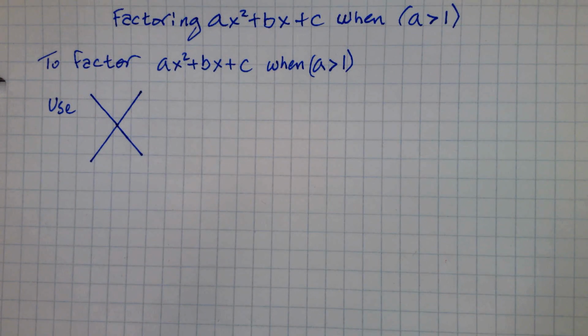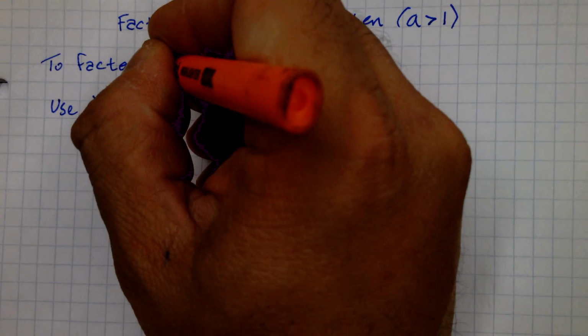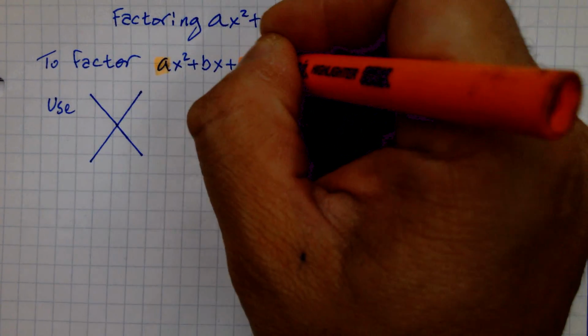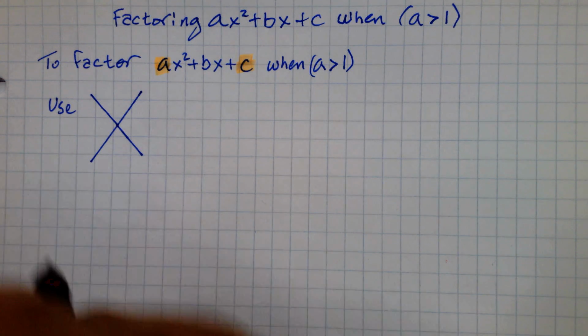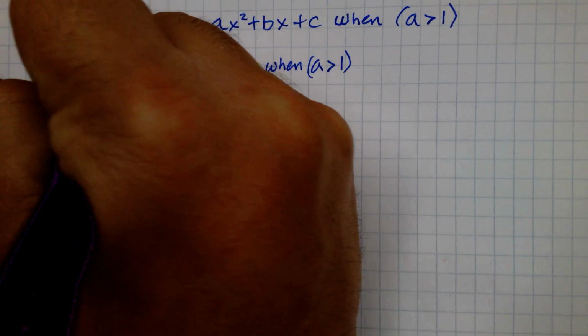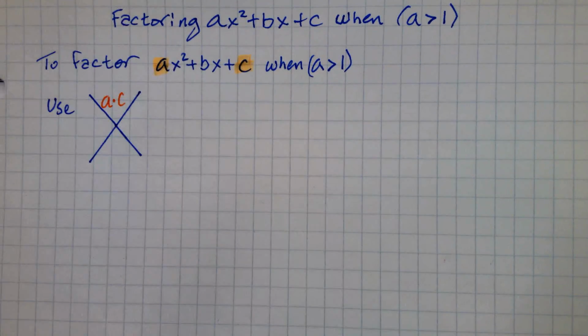Except what we're going to do is we're going to take the leading coefficient, which is a, and the constant, c, and we're going to multiply them, and they go here, okay?